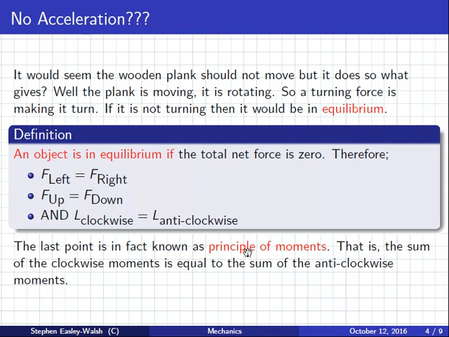So can you make note of that principle of moments? Basically, it's the last rule here. Only the last one is the principle. Yeah, exactly.